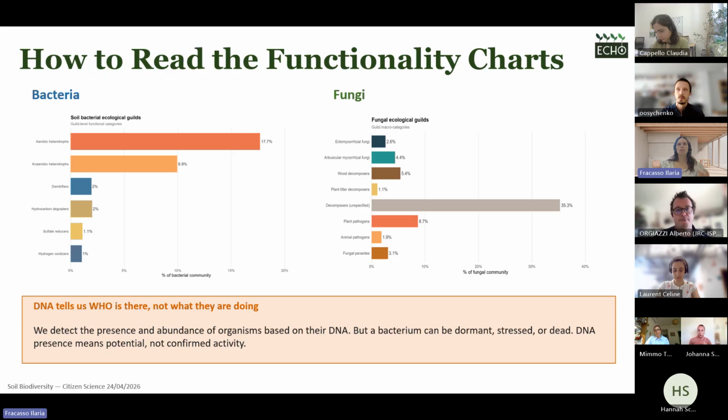First of all, because bacteria or fungi need specific conditions to be able to cause a specific disease. And secondly, because, as I said before, the DNA is from both living and dead organisms. So don't worry about these results. This is a picture of how you can read your data, but if you need more information, you have my email in the first slide.